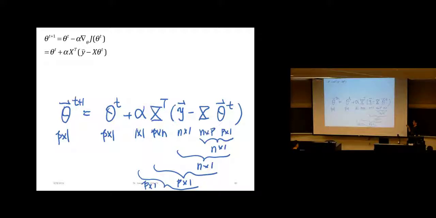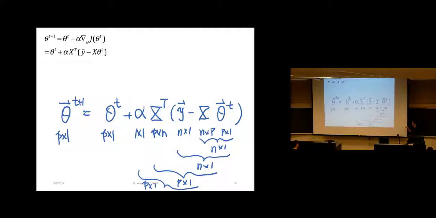This is X theta, which is n times p times p times 1, so this is n times 1. So if you think about this, this is actually the y prediction. What this tells you is the residue, the error between your current X theta t prediction and your true y. And then it's multiplied by X, accumulated and weighted. So the gradient actually has a meaning if you look at it very closely.